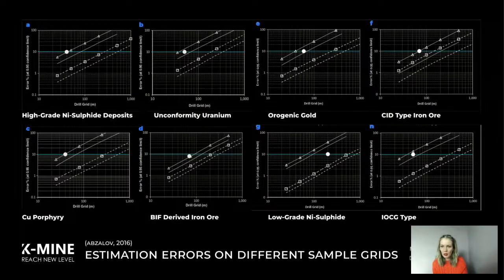The plotted diagrams clearly illustrate that the estimation errors for rock densities consistently remain lower than those for metal content. This suggests that accurate estimation of rock densities for the purpose of classifying ore reserves can be achieved using significantly fewer samples compared to the number needed for modeling metal grades at the same deposits.